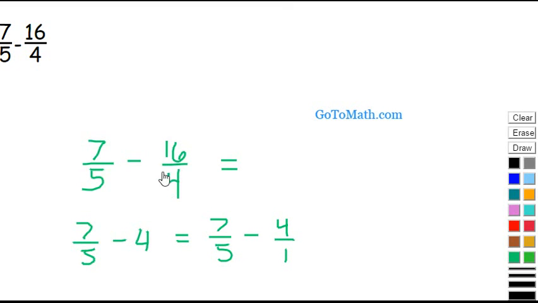So we want to make sure we reduce our fractions down before we actually do anything else. Okay. We can now rewrite this as 7/5 minus 4 over 1. But guess what we're going to write over here? We're going to write a 5 over 5, okay? Because 5 times 1 is 5. So now we have a common denominator.